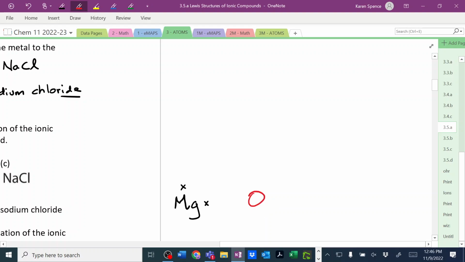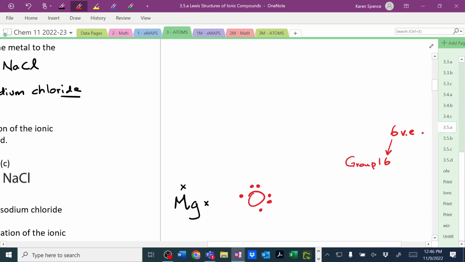What group is oxygen in? It's in group 16, therefore it has 6 valence electrons, Ve for valence electrons. So we're going to put those on 1, 2, 3, 4, 5, 6.